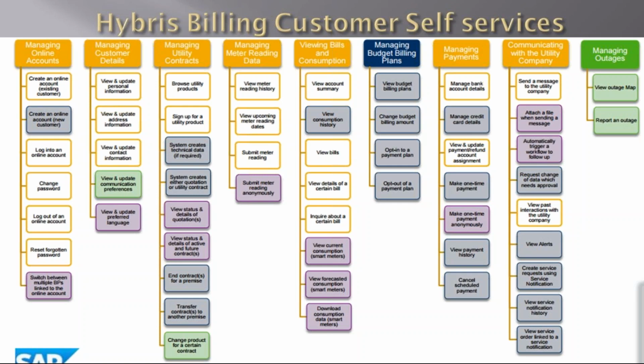If you are going to do any self-service capabilities, managing online accounts, customer details, utility contracts, or meter reading data, you can do all these activities from your front end by using any device, your mobile device or desktop, or any social media accounts, email or SMS, any kind of touch points.